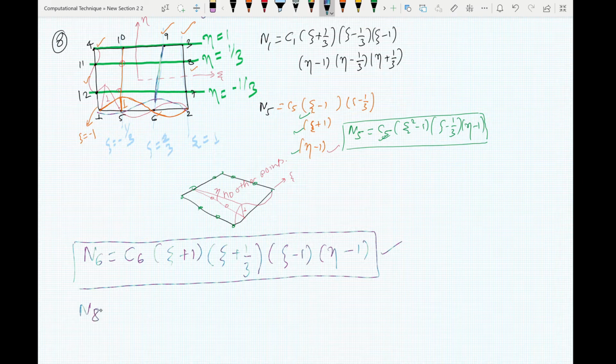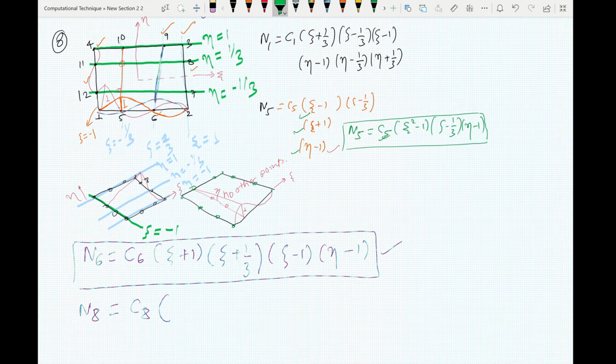Let's try to write it for n8. So n8 will be equal to c8. Now for this one, to be 1 here, and then become 0, 0, and then 0, and then it will be linear in this direction. So this is our xi, this is our eta direction. In the eta direction you can see here that it is 0 along this line, it is 0 along this line, it is 0 along this line.